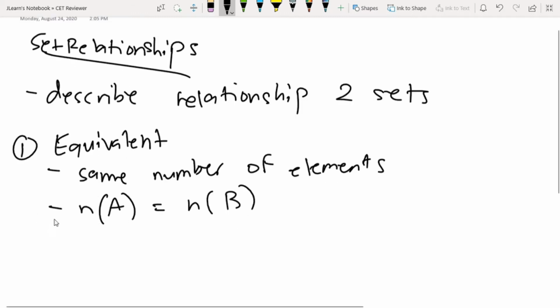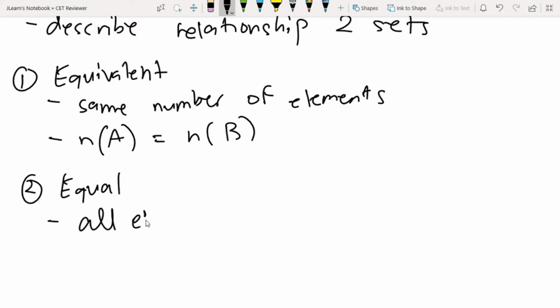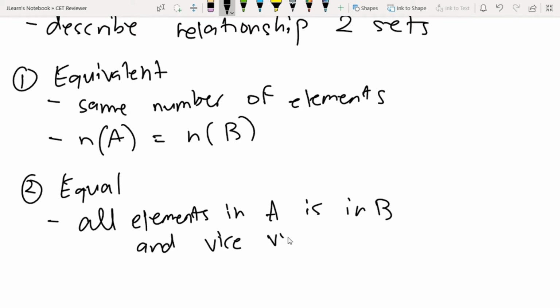Next is equal, okay? Sets are equal when all elements in A are in B and vice versa.